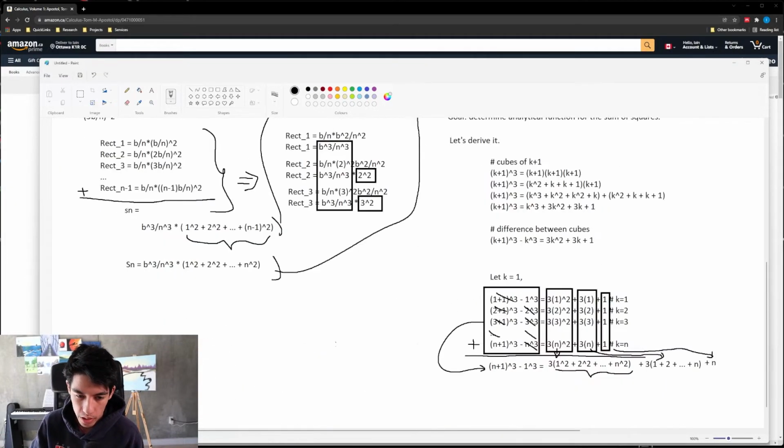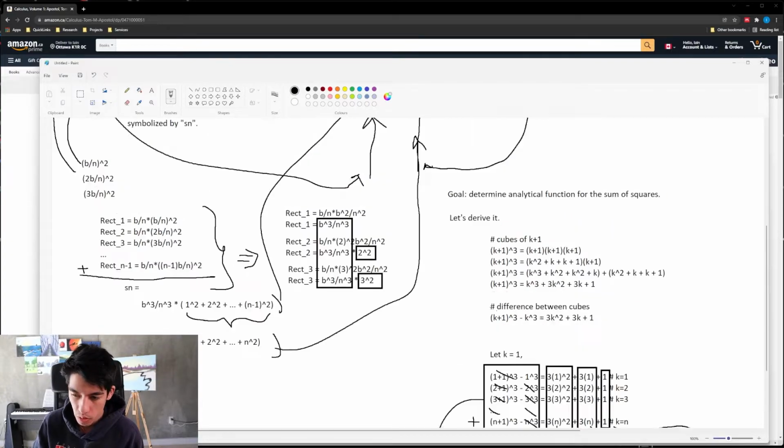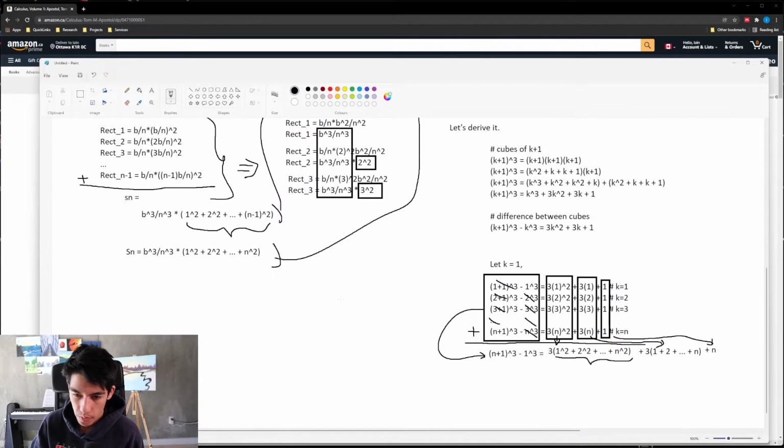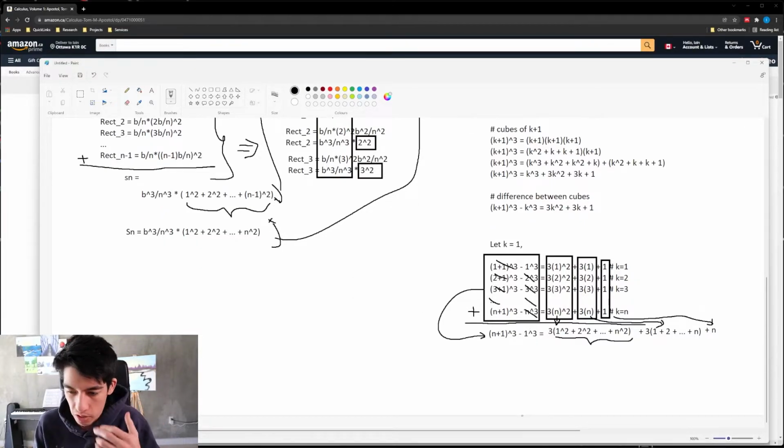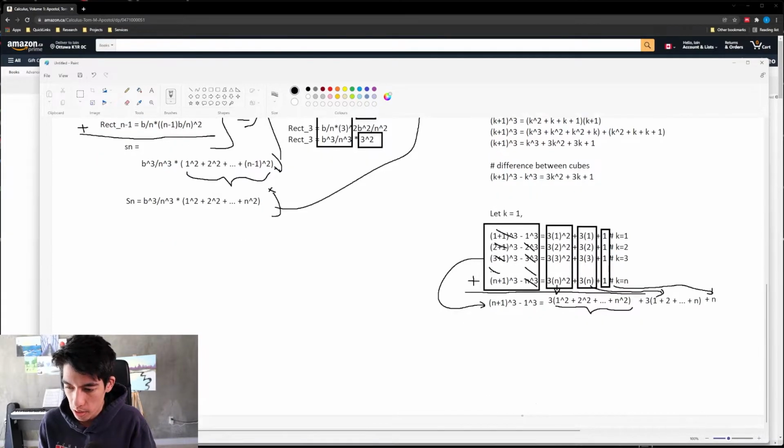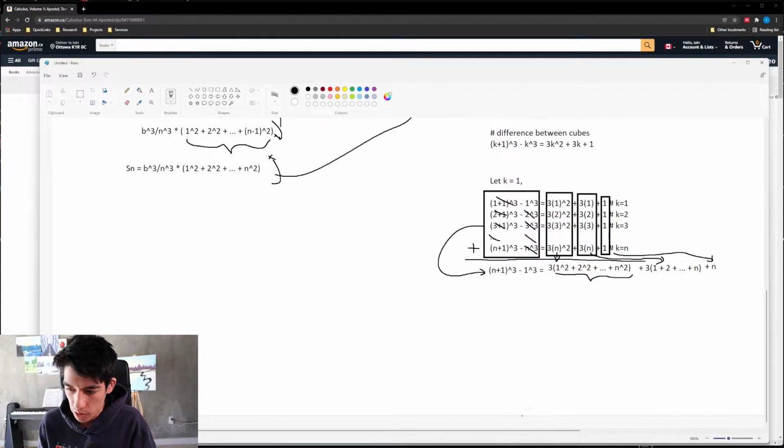And this equation will allow us to simplify our upper and lower bounds. Let's do some more work on this. Let's simplify and rearrange for the sum of squares.